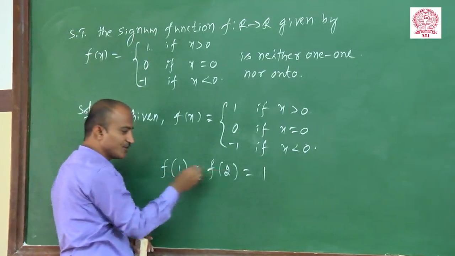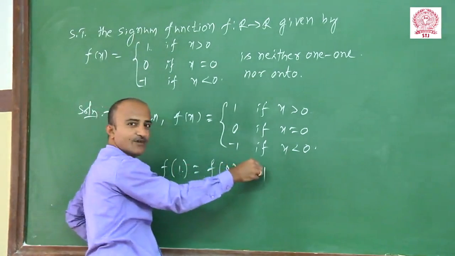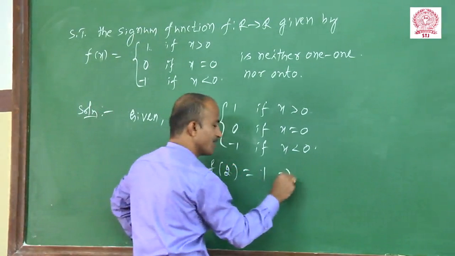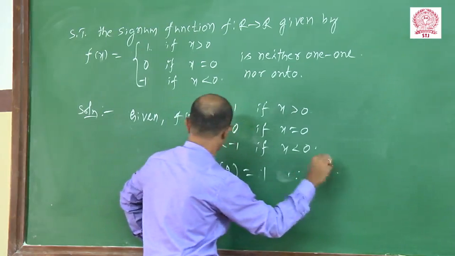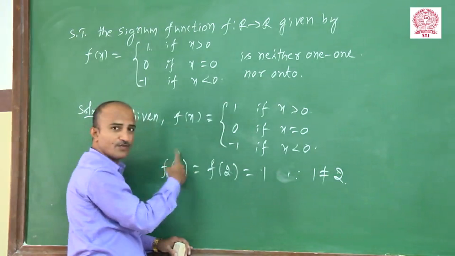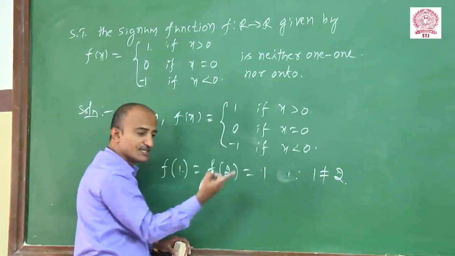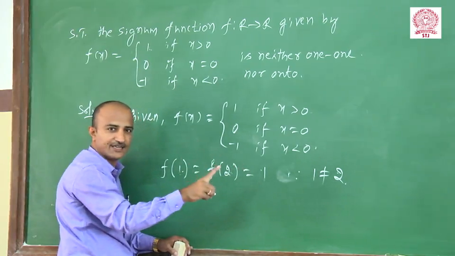So here we have taken two distinct elements from domain, 1 and 2. Its image is 1. So since 1 is not equal to 2, distinct elements of domain are having the same image, which is contrary to the definition of injectivity.